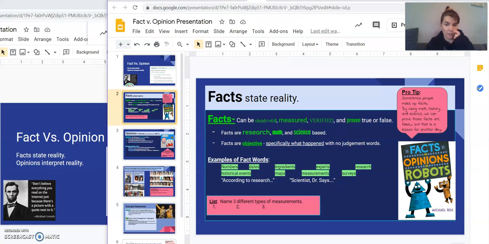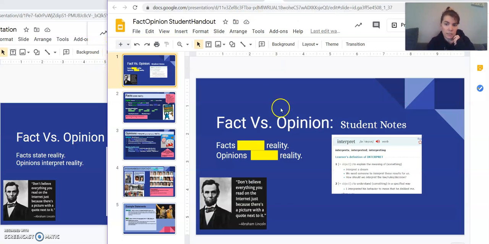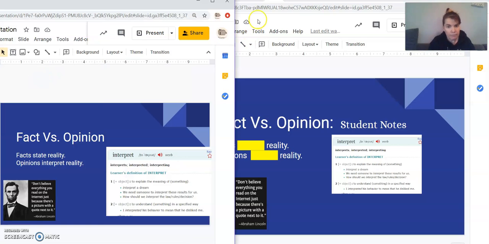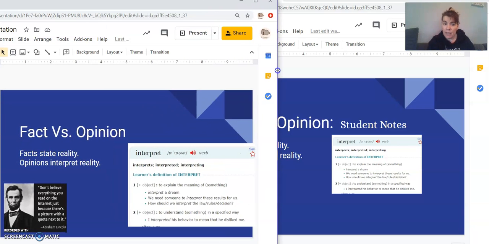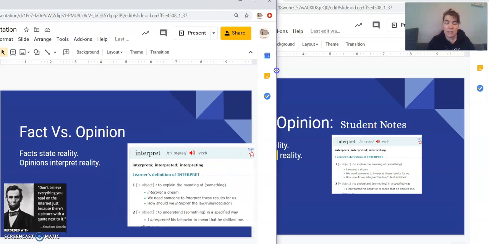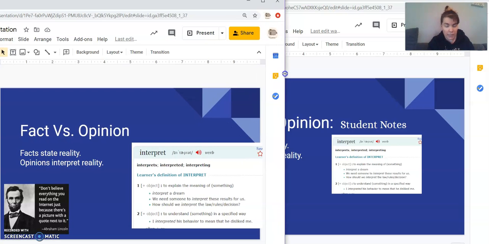Cool. Now that we have that taken care of, yours will say student notes. The main purpose of this particular presentation on fact and opinion is this: facts state reality and opinions interpret reality.